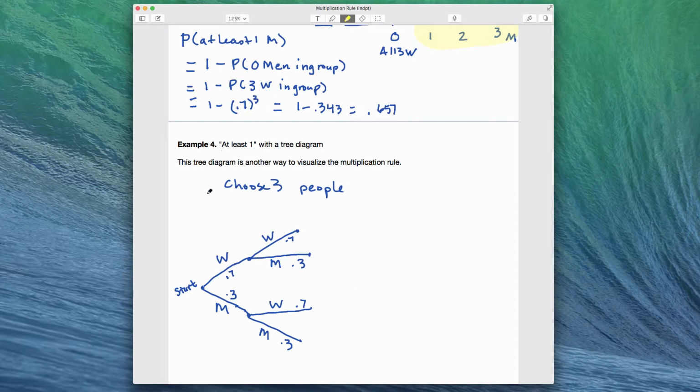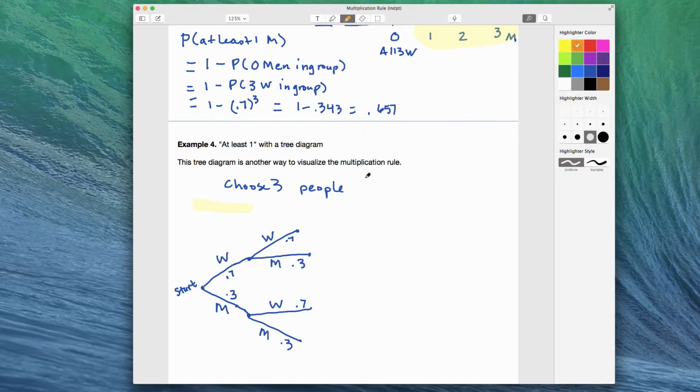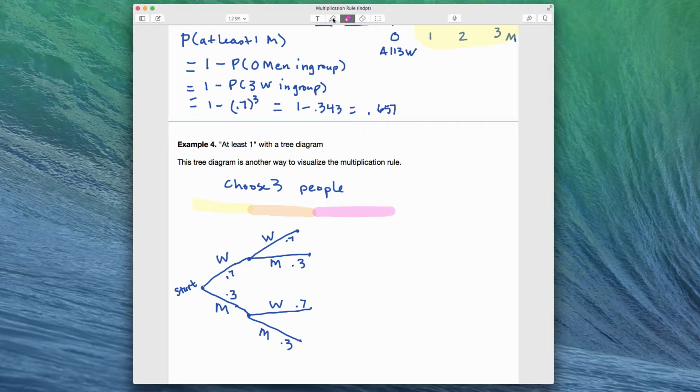So this kind of area right here was when you picked your first person. This area right here is when you picked your second person. And then this last set is when you pick your third person. You'll notice that the tree diagram gets quite cramped the more people you have to select because you keep having all these branches coming out.